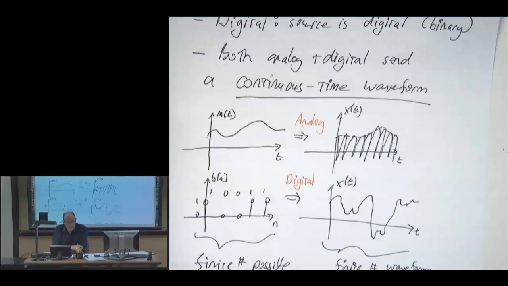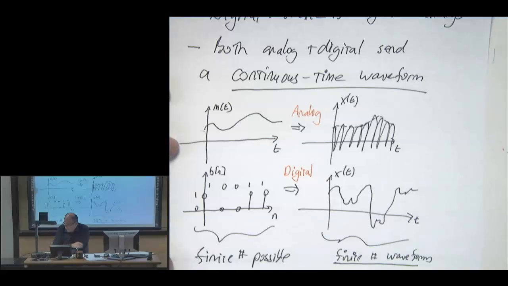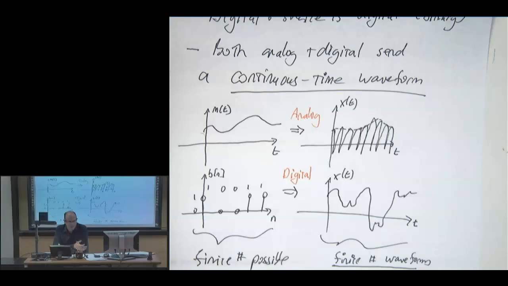One of those being the fault tolerance, and it comes from the finite number of possible waveforms here. And we'll see, and this is something that we're going to do in the course, how having this finite number of waveforms gives you potentially better error probability. Any other questions about analog versus digital?